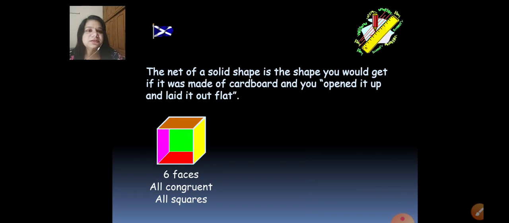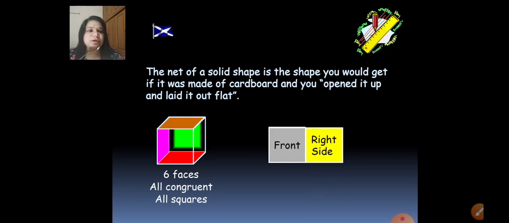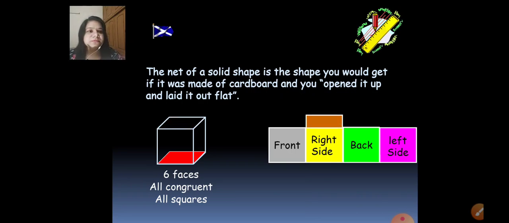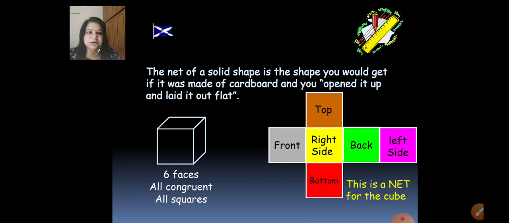So I have taken the front face. Then I am going to take the side face and draw it here. Then right side and then the back face, then the left side, here in the pink color. Then next the top face, and the last, bottom. Okay, this is the net of the cube, and you can count the number of faces.